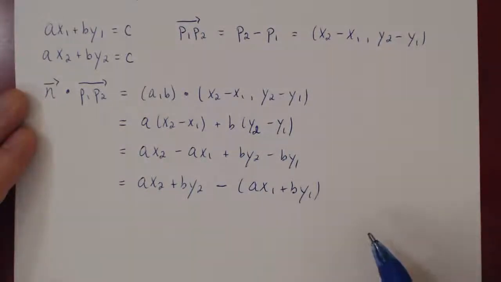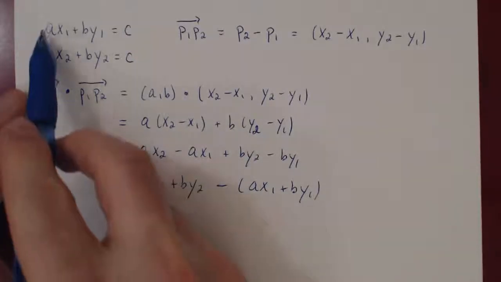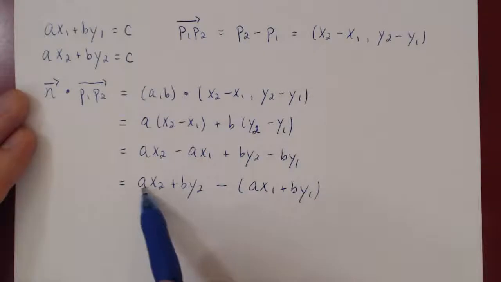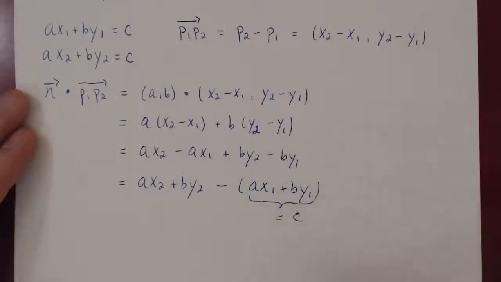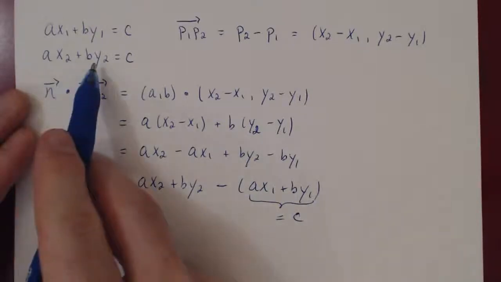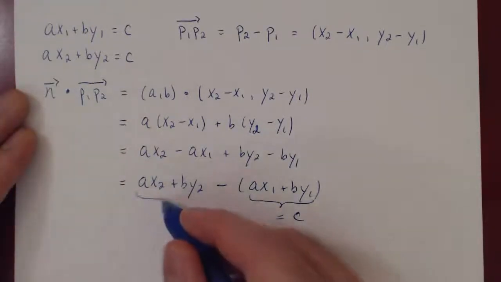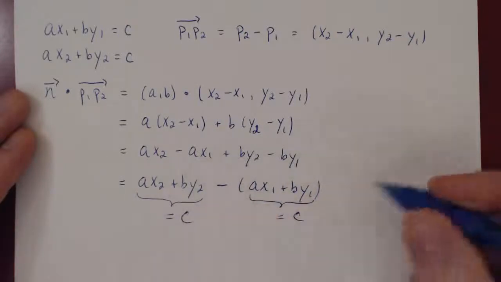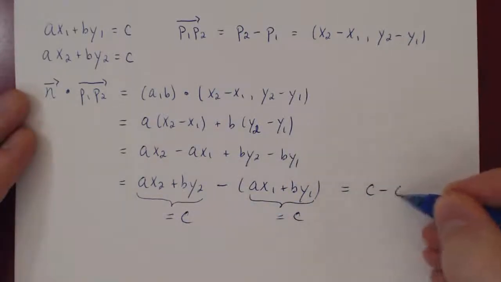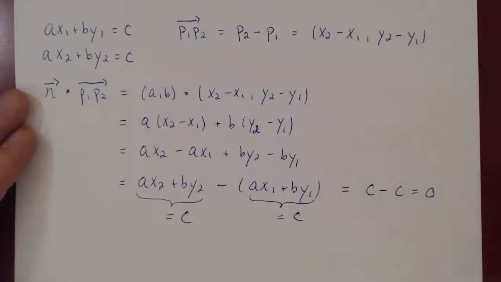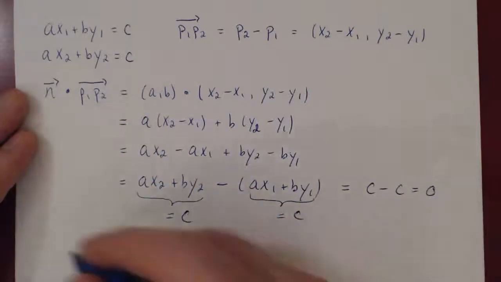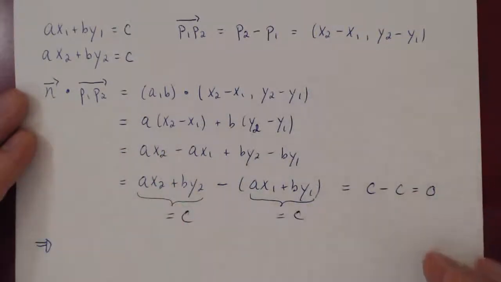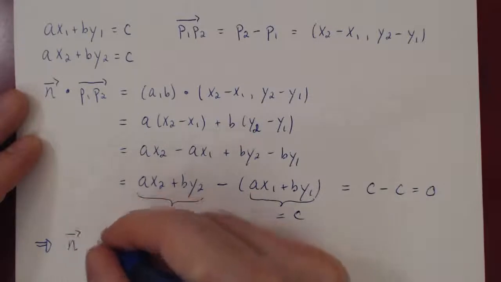But if you just look up, because both points were solutions to the equation of the line, ax1 plus by1 equals c. And the same goes for ax2 plus by2. This also equals c. So in the end, our dot product is equal to c minus c, which is 0. And so because the dot product between n and P1P2 is 0, automatically the two vectors are perpendicular.